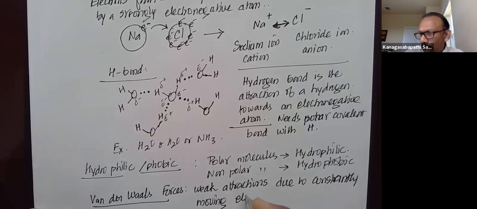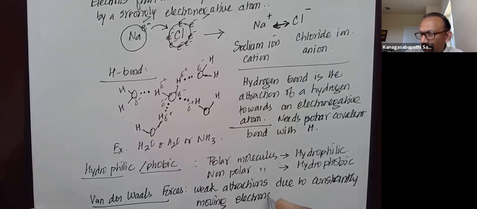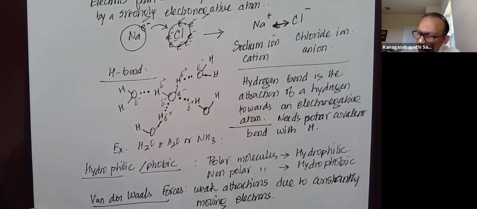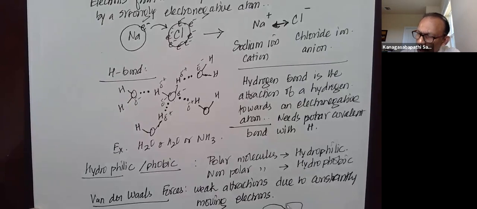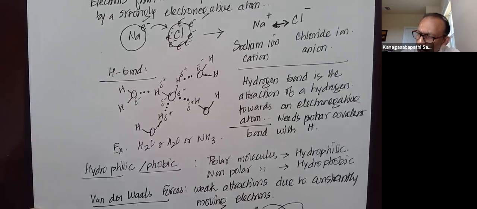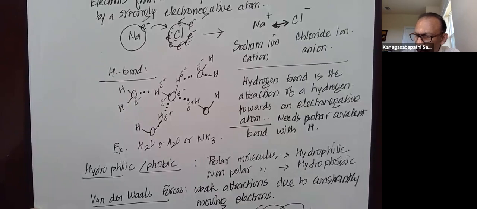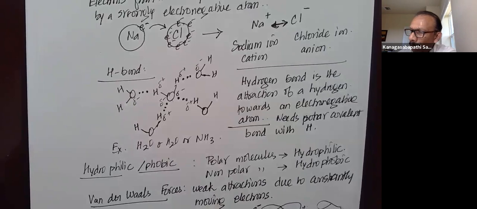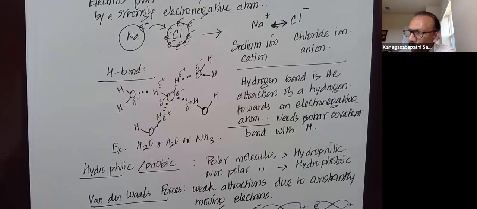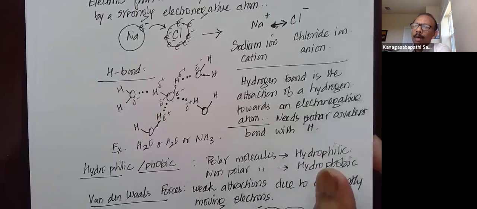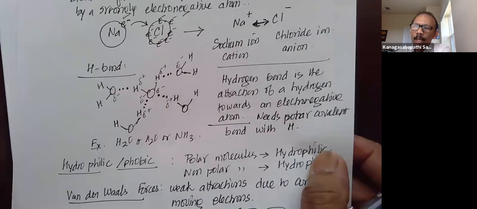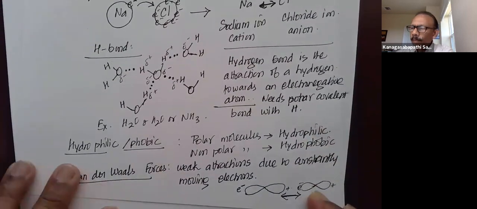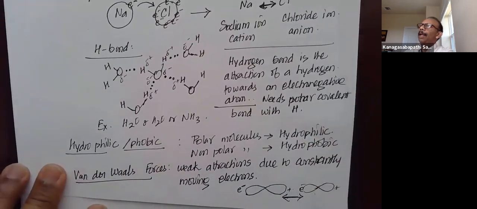The electrons are not going to be in one place, they constantly move. So if the electron is on this side, this tends to be a negative side and the other a positive side. And there's another pair of electrons spinning like this. That attraction between the electron clouds is what they call van der Waals forces. Okay.